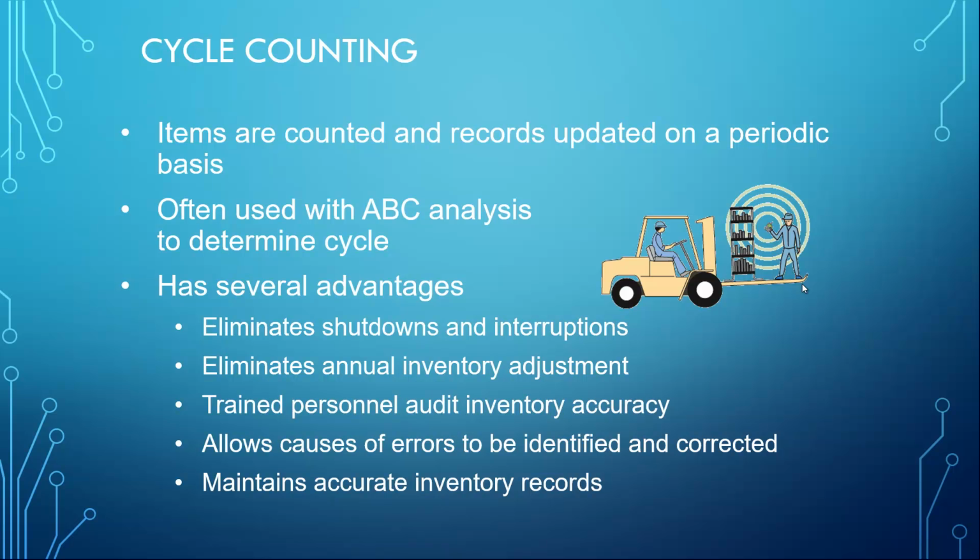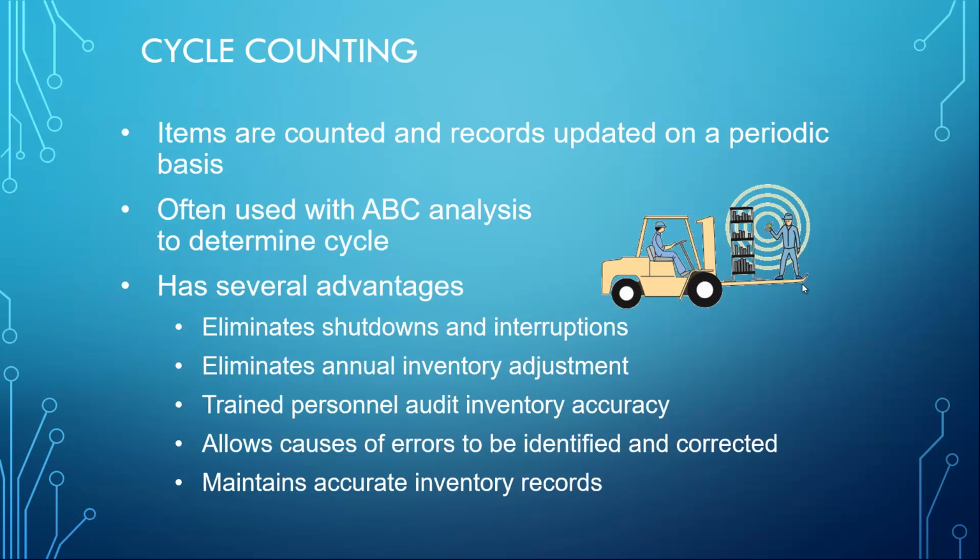Cycle counting has several advantages. It eliminates the need for shutdown and interruptions. You don't need to shut down the whole factory or warehouse just to count the items in inventory. You can shut down a certain area or section and count the items in that section.